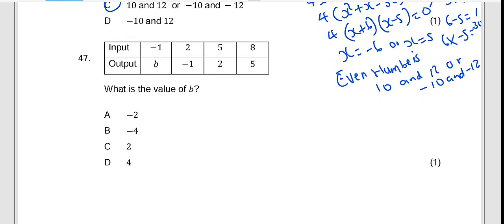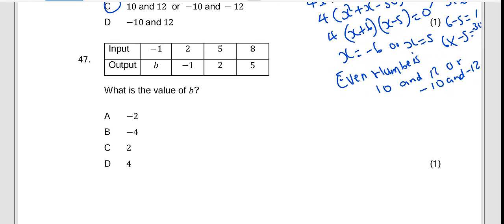Okay, this is simple. Input and output variables. We don't know B, but we know that for input -1, the output is 2. For input 5, it has 2. And then for 8, it has 5. So I will check the difference first here. 2 minus minus 1 is 3. 5 minus 2 is what?